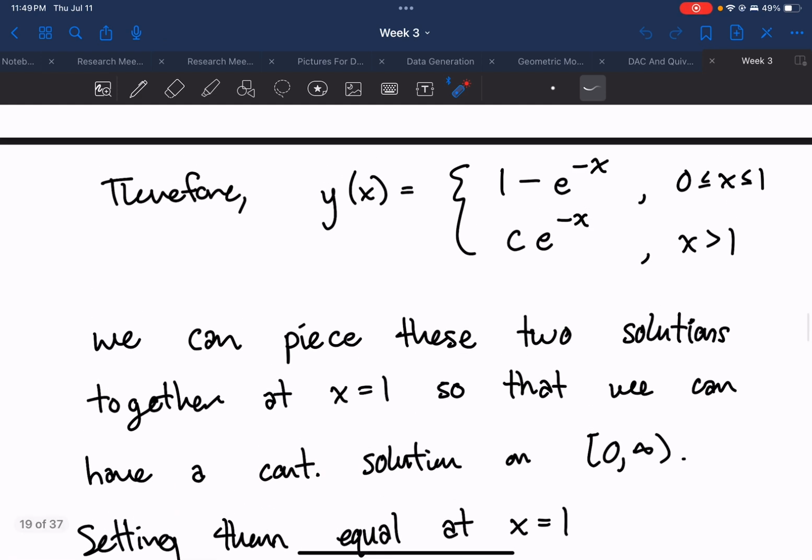So all we need to do is set these two things equal when x equals 1. At x equals 1, set 1 minus e to the negative 1 equal to c e to the negative 1.